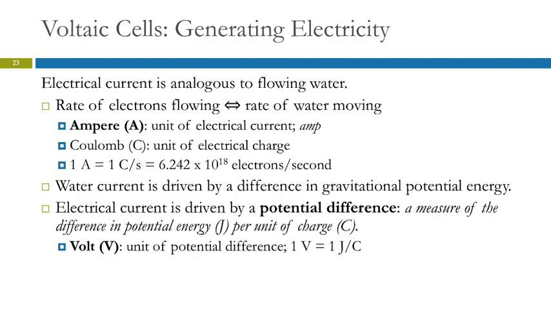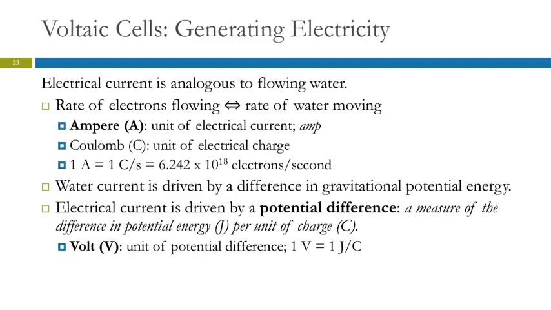Right? So an amp is a coulomb per second. So it's a rate of electrons moving. And 1 amp or 1 coulomb per second corresponds to 6.242 times 10 to the 18th electrons per second. That's a lot of electrons. So that is electrical current.